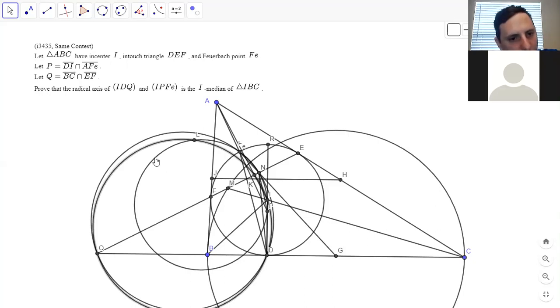We want to show this circle gets fixed also. We could define, so you think you know that FE inverts to something on EF.